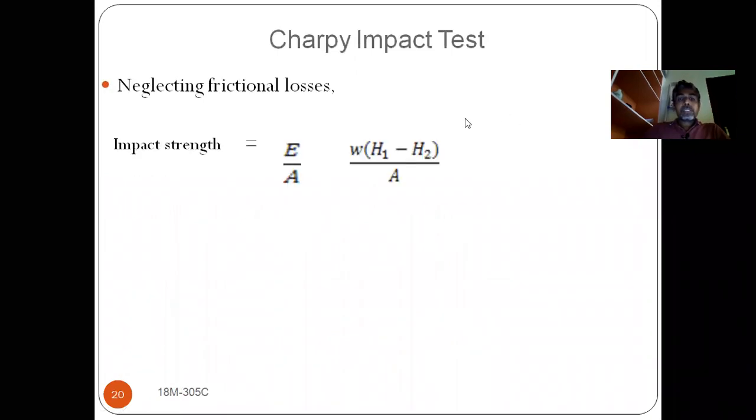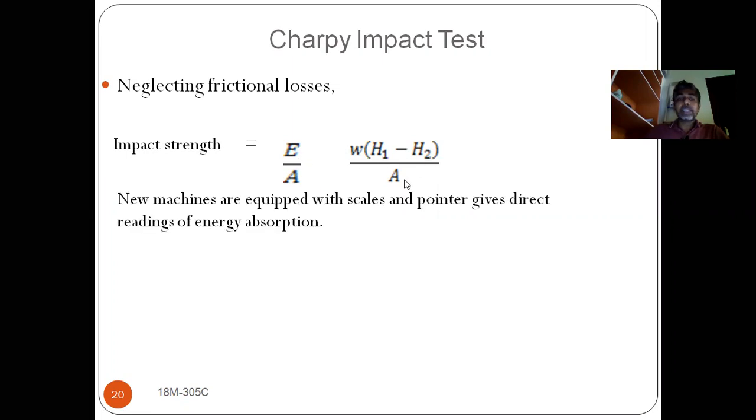So this is the formula for the Charpy test: impact strength is equal to E by A, where E is equal to W into H1 minus H2, divided by A. But nowadays you are getting new machines to conduct the impact test by the Charpy impact test method. Here you will get the direct energy absorption values in joules.